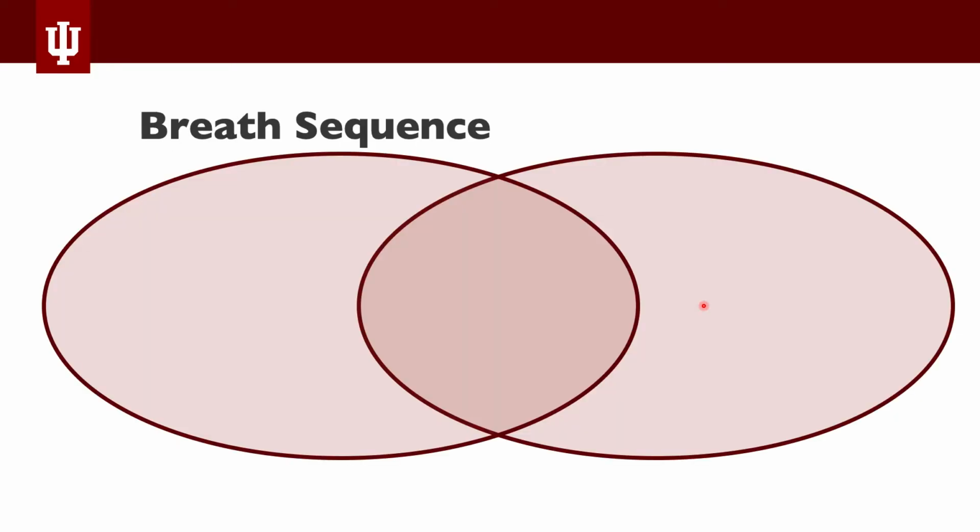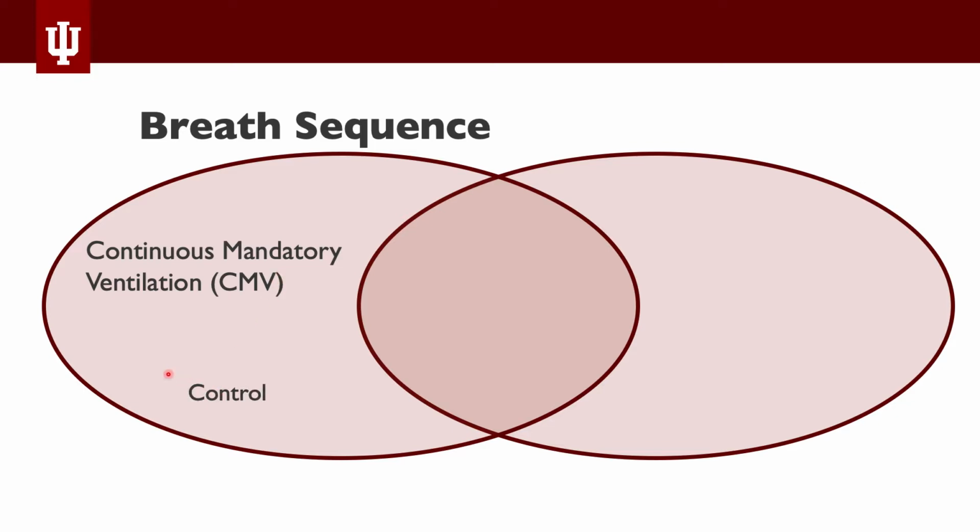Now, the next thing that we look at is the breath sequence, which is basically what types of breaths that we allow. On one end of the spectrum, we have continuous mandatory ventilation. This is where we only allow mandatory breaths. This is often called control mode or assist control mode. So for instance, the patient can have assisted breaths or control breaths, but these are all different types of mandatory breaths.